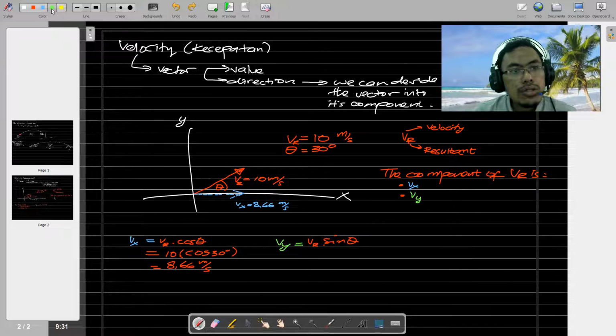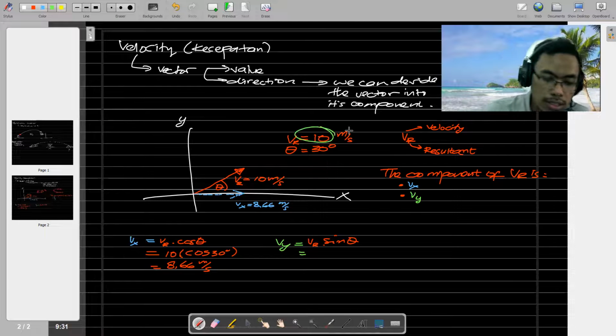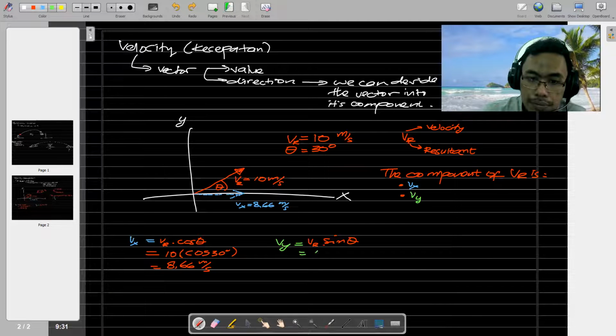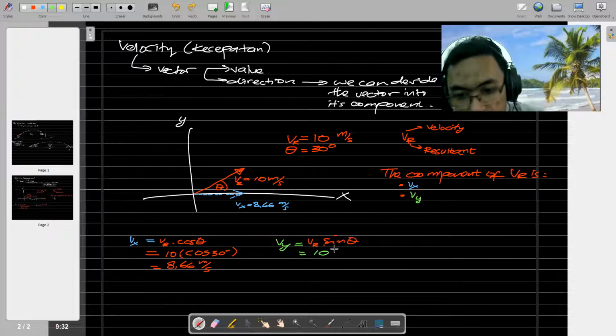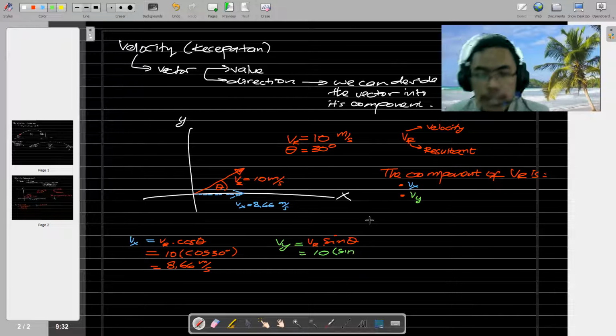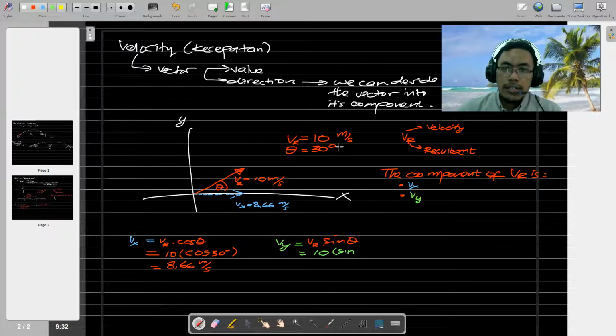Then I will use VR, the value of VR is 10, times sin theta, which is 30 degrees.